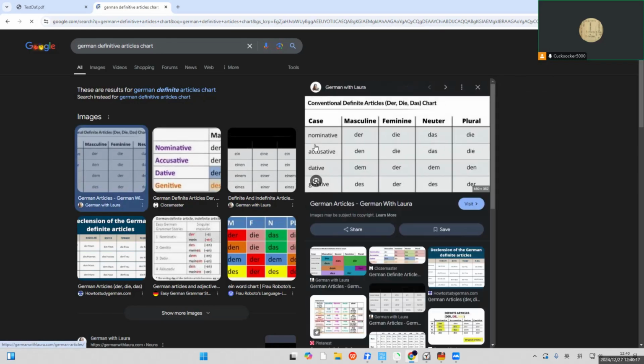Let me take a look at this. I think it is the plural and it's dative. The only thing that might make sense here is that it is dative.